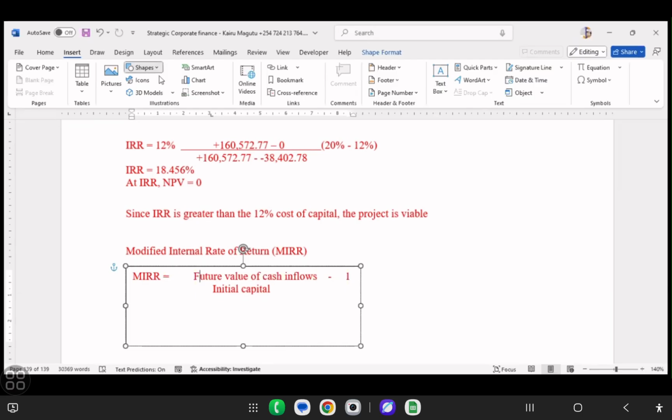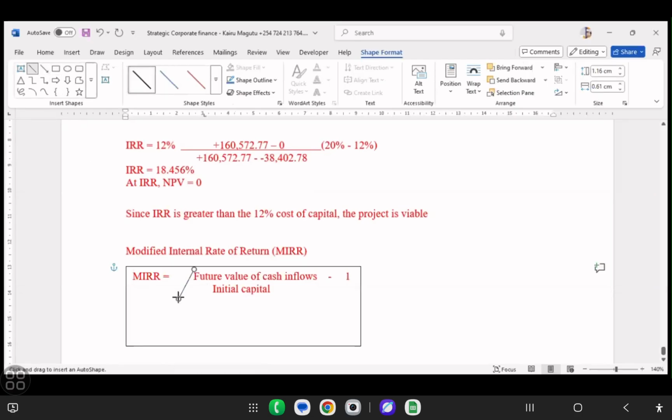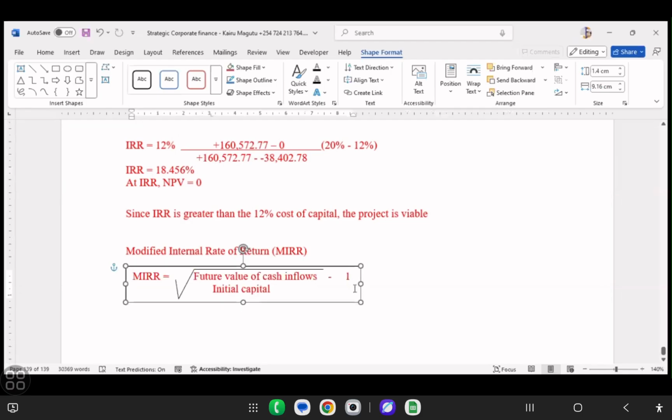Just allow me to draw the root. The nth root. Good. I think that is the way it should be.